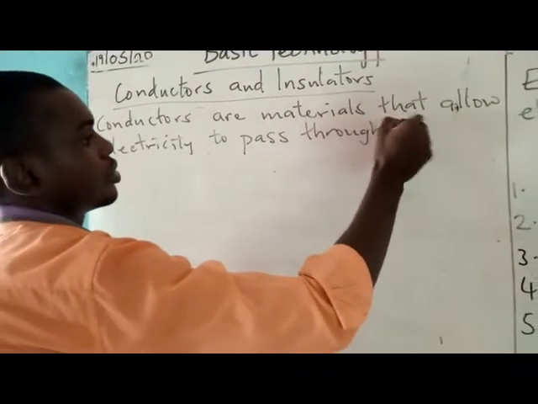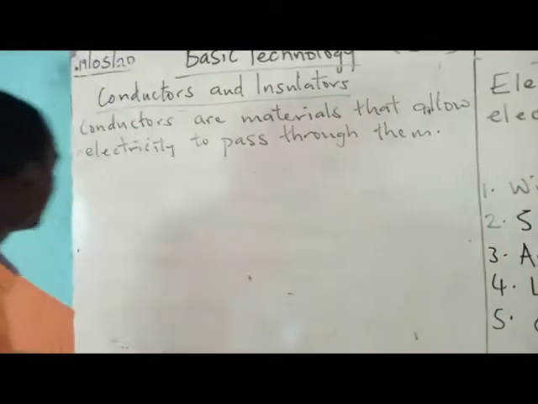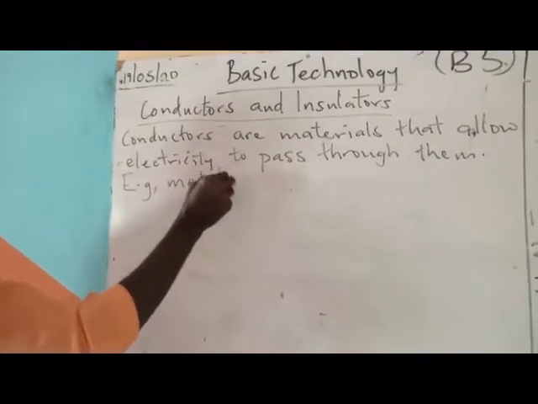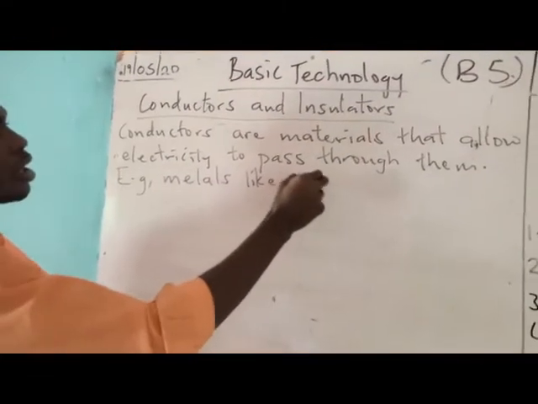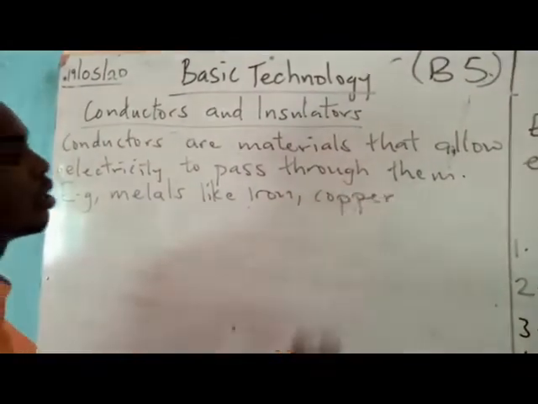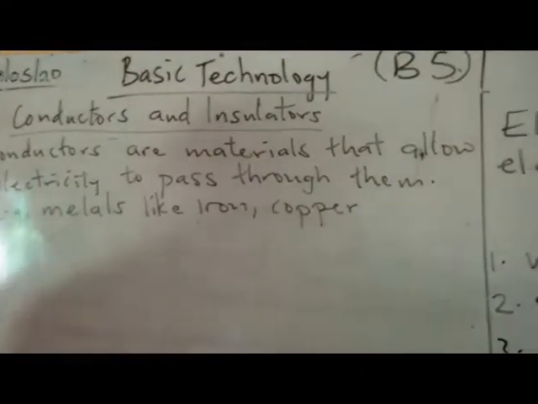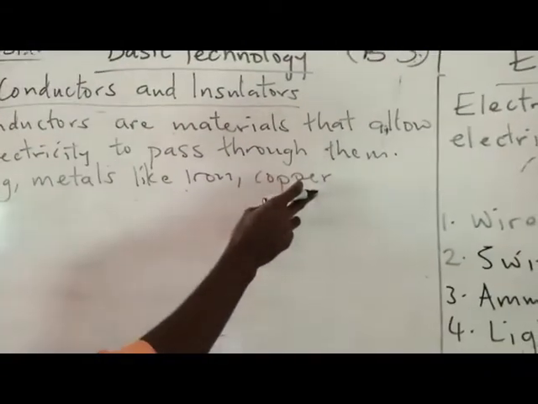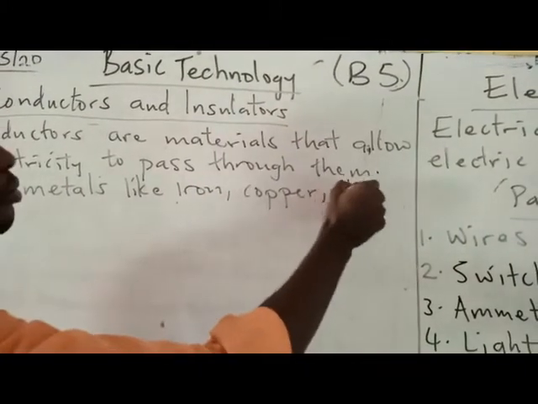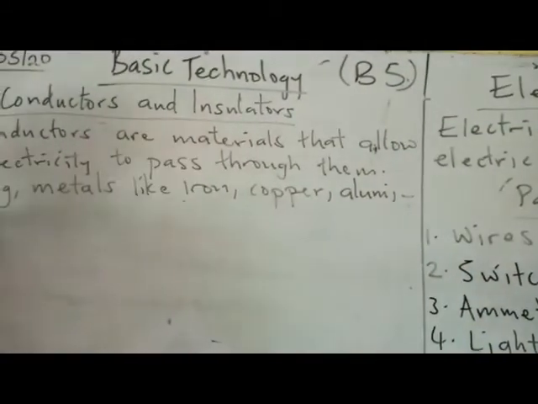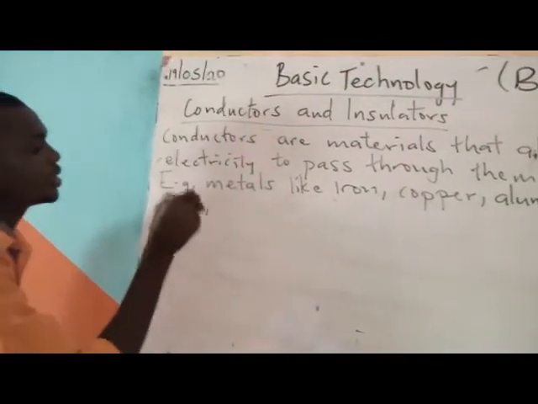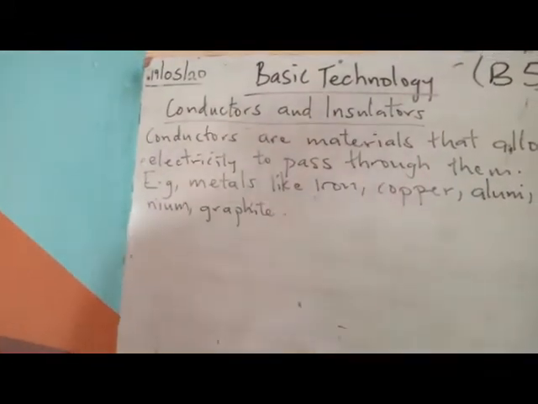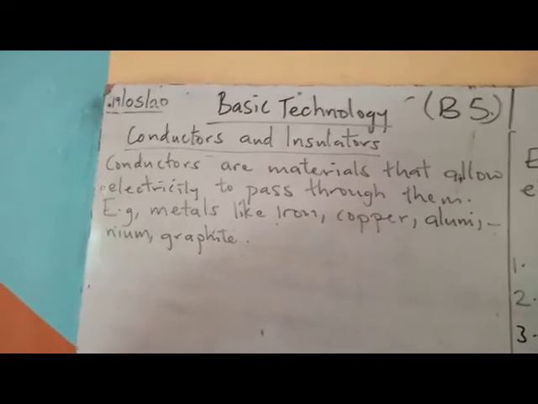Those are conductors. Examples are metals like iron, copper, aluminium, you know them. Even another example is graphite. So all these things that I mentioned, they are conductors.